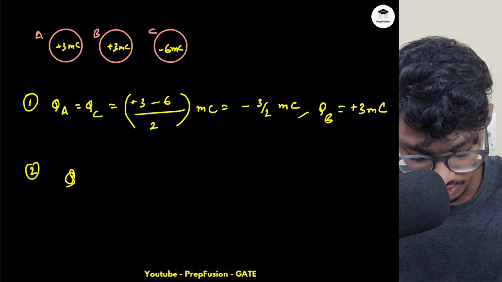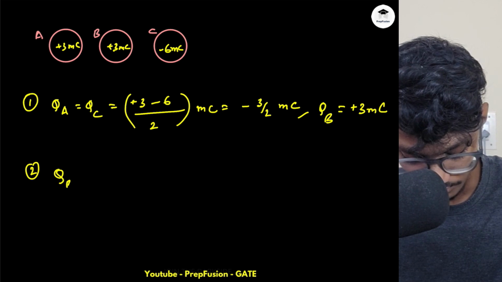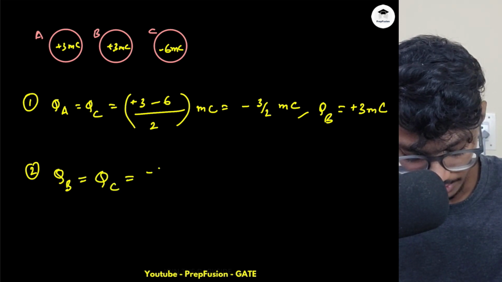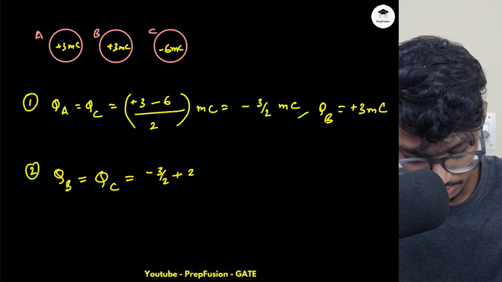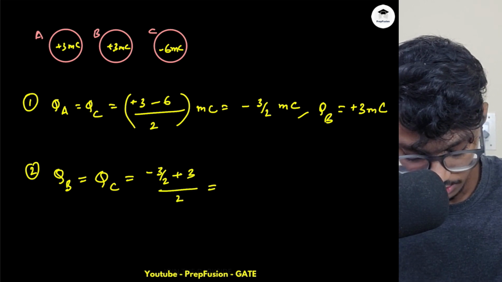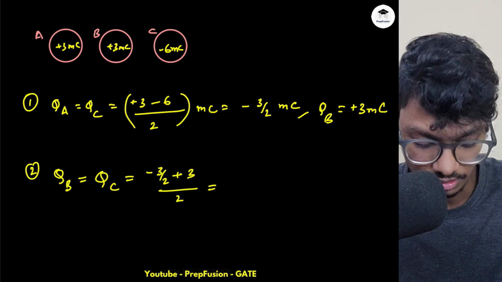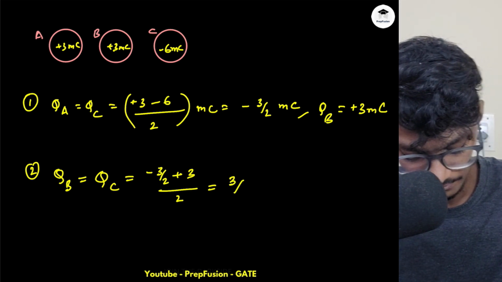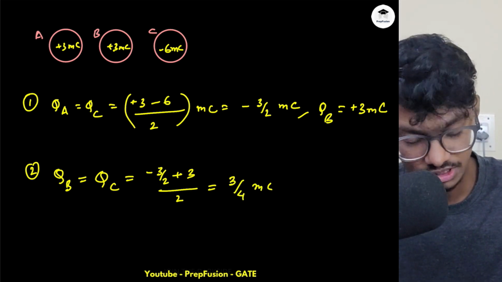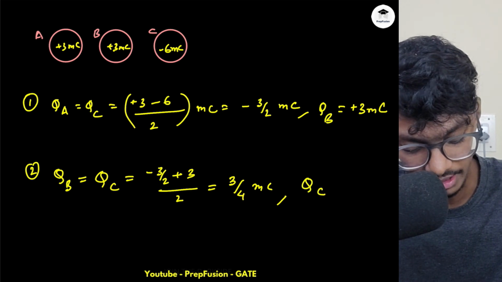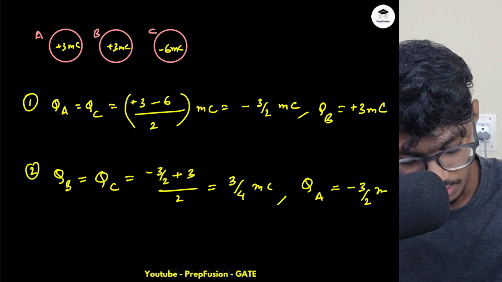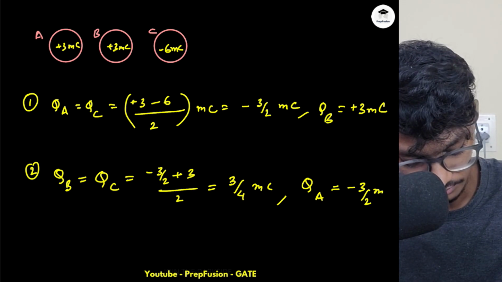So again charge will get shared between C and B. So this will be minus 3 by 2 plus 3, divided by 2, that is 3 by 4 millicoulomb. Each of them will have 3 by 4 millicoulomb, and object A has already minus 3 by 2 millicoulomb.